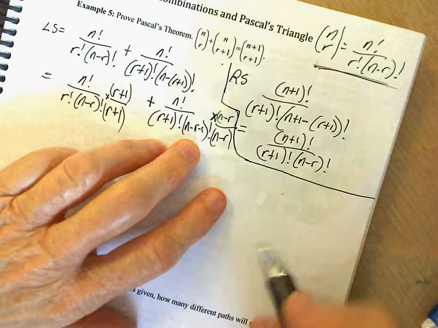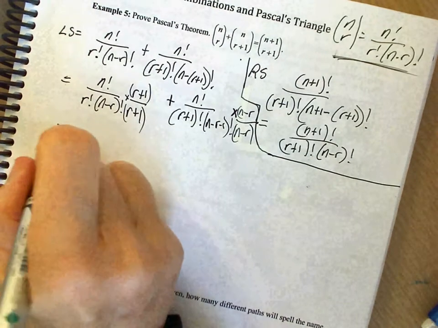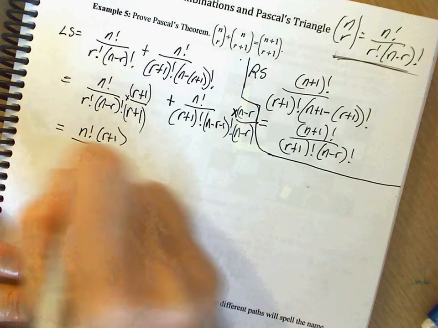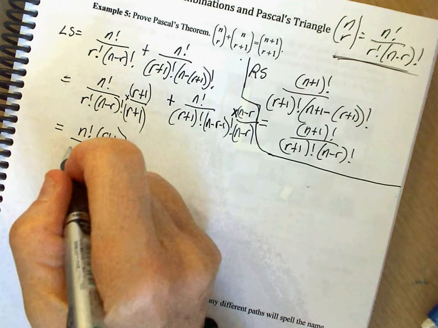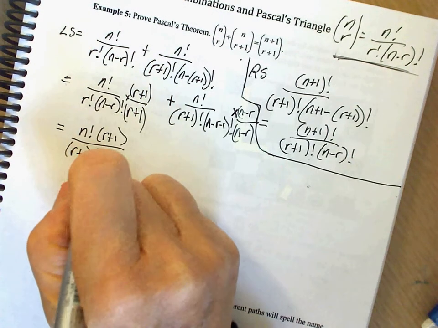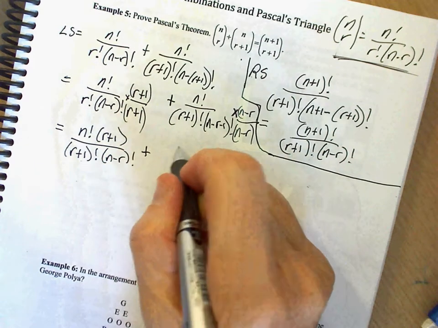Okay, so now we have n factorial times r plus 1 all over r plus 1 factorial n minus r factorial, plus n factorial over r plus 1 factorial.